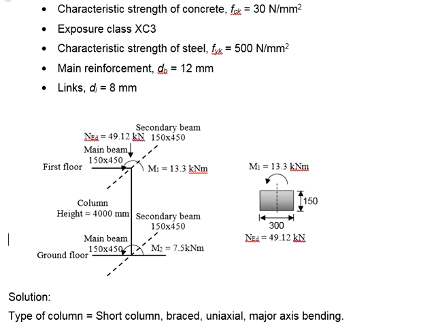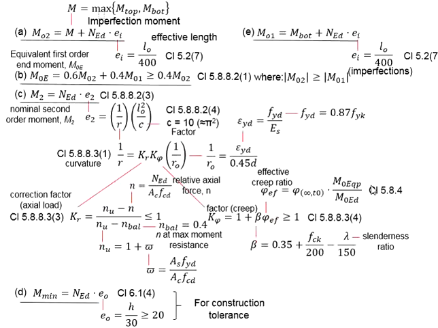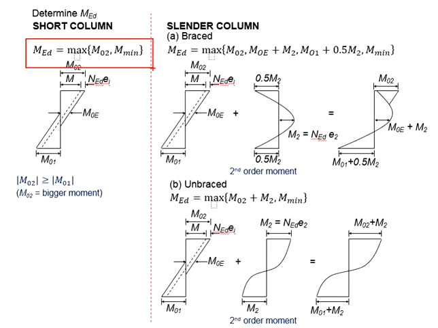Now it goes back to the direction of the moment. We have the moment acting on the major axis. That means this shall be the h. Calculate e naught. Multiply with the axial load, you get M-mean. From there, you will get the MED.